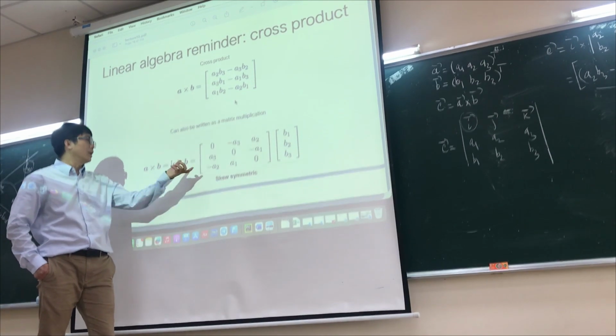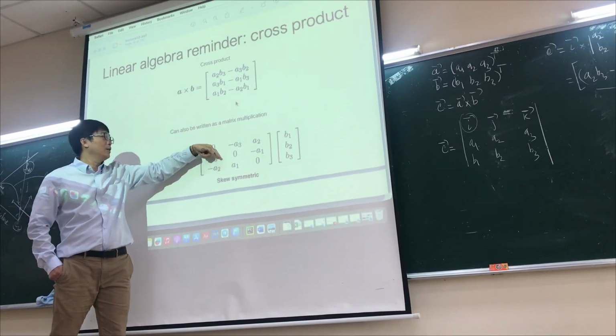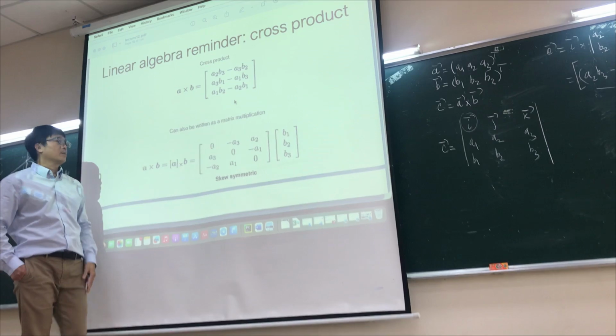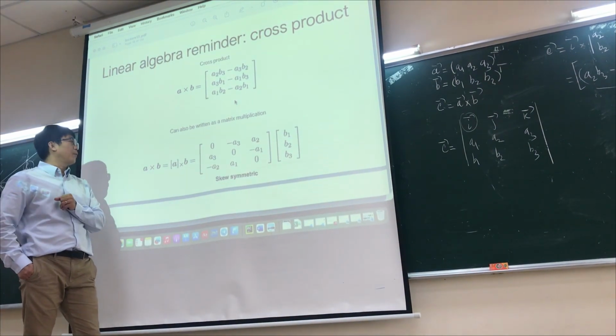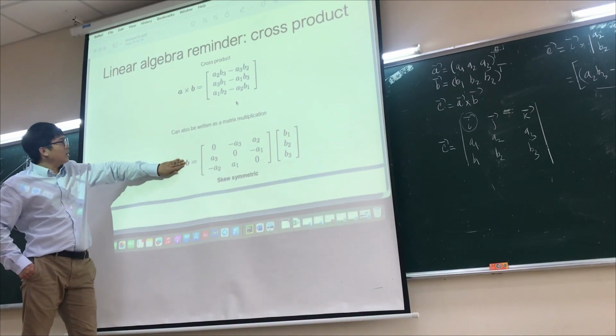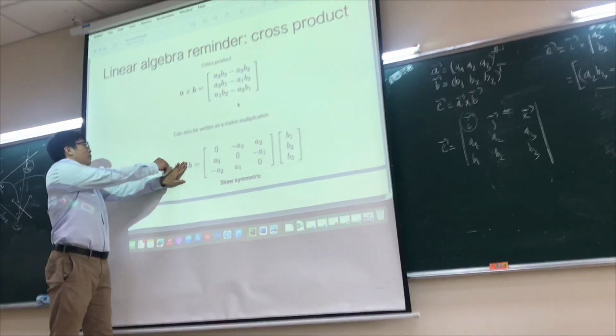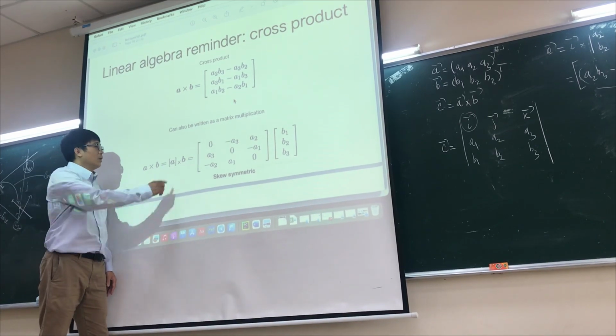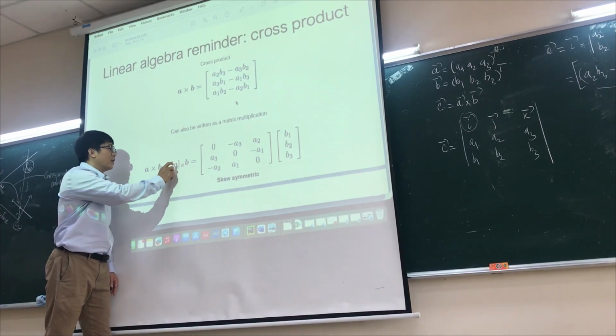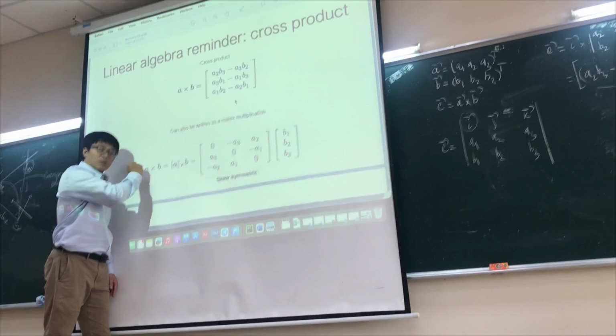How to build the matrix? You build it like this. You can see the given notation, which is very strange. What do I mean here? It means that you build a matrix from vector A for the cross product.